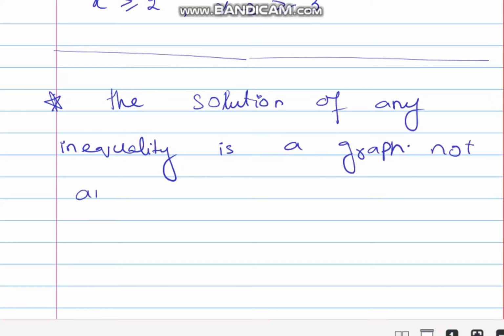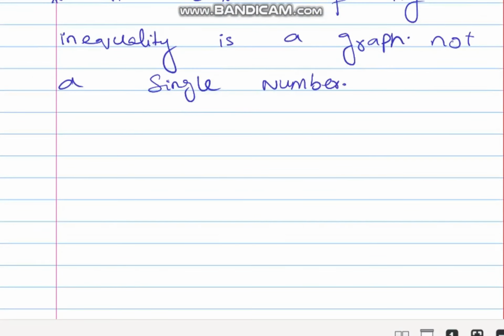This is a very important point. Basically this is the main difference between equations and inequalities. For example, what does an equation solution have? We solved equations yesterday, and we have, like, x is equal to 5, a fixed solution.